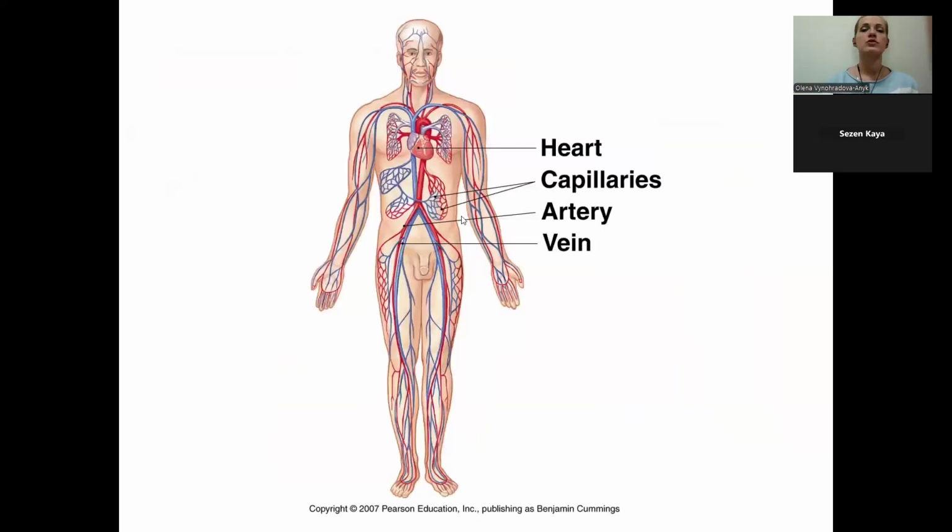But now we are talking about the cardiovascular system, and we say that the cardiovascular system consists of the heart, capillaries, arteries, and veins. According to anatomical classification, by the arteries, blood moves out of the heart. By the veins, blood returns to the heart. In the capillaries, we have the process of water and different substance exchange.